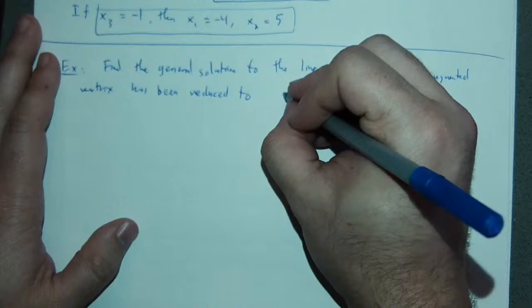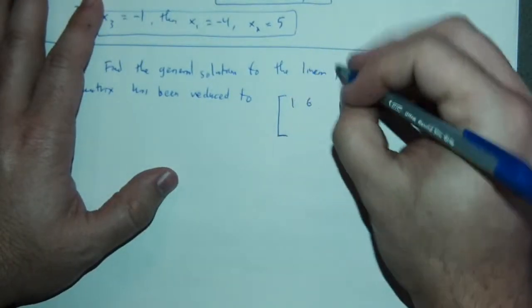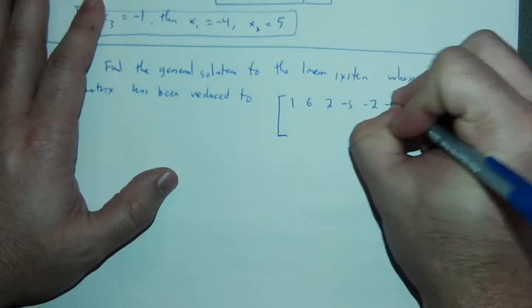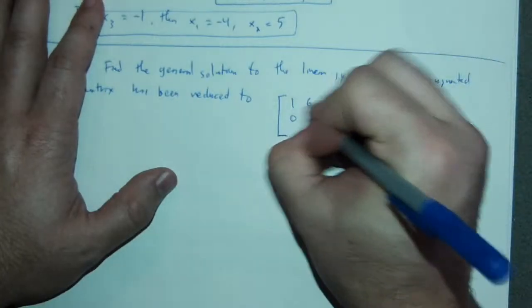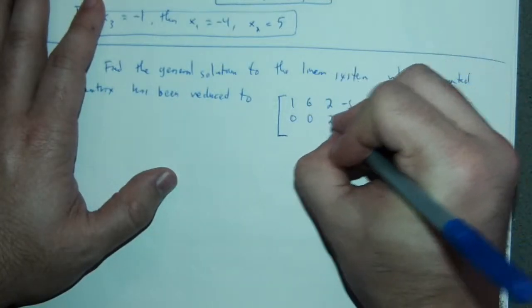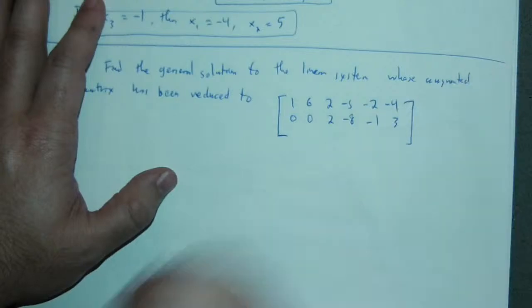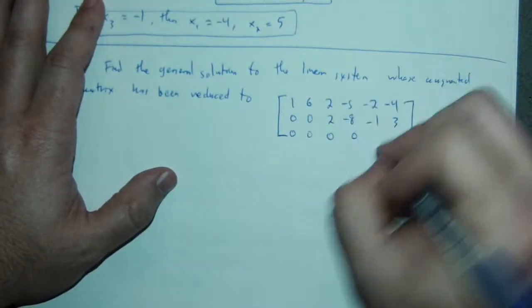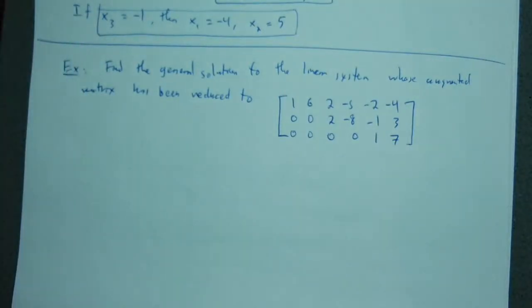Again, reading row-wise here. This is 1, 6, 2, minus 5, minus 2, minus 4, 0, 0, 2, minus 8, minus 1, 3, and 0, 0, 0, 0, 1, 7. Okay.